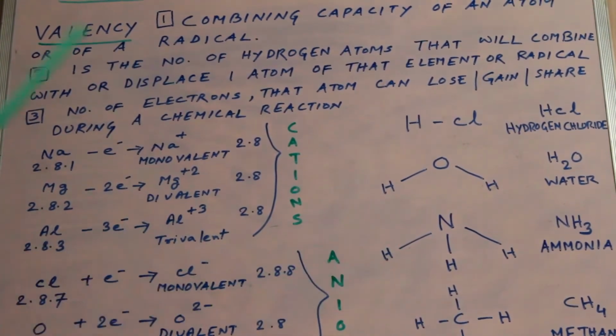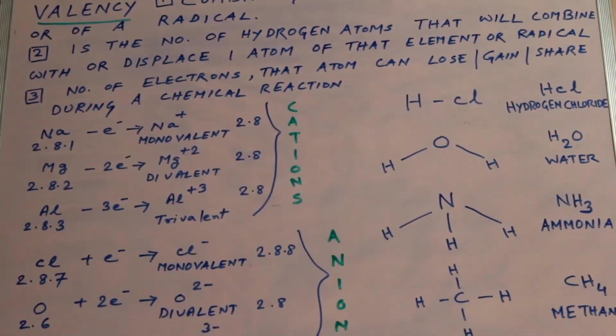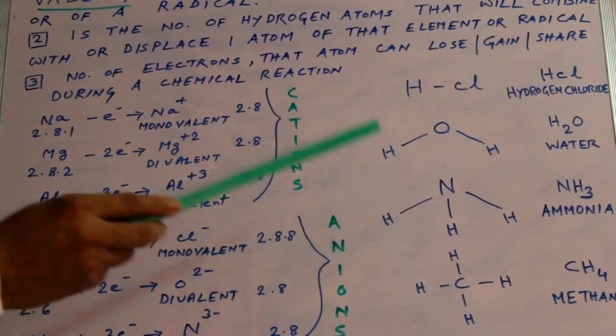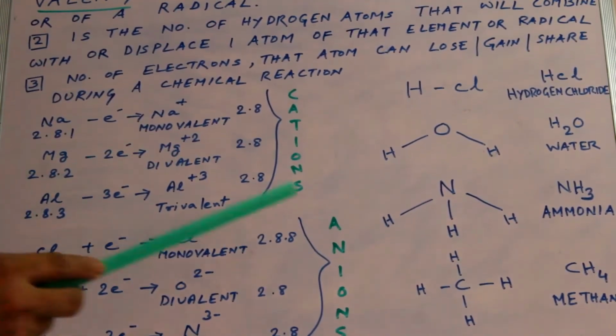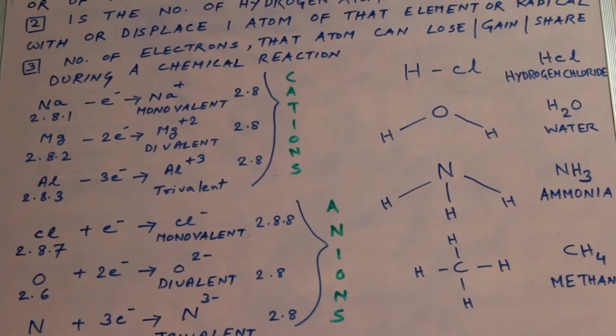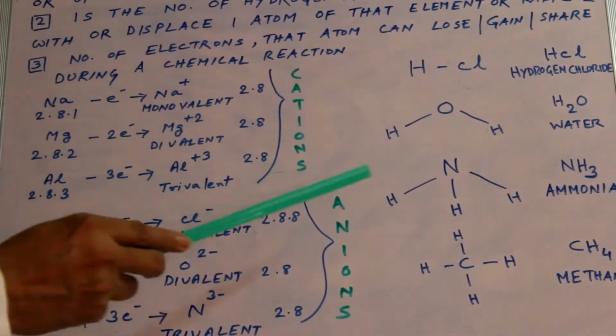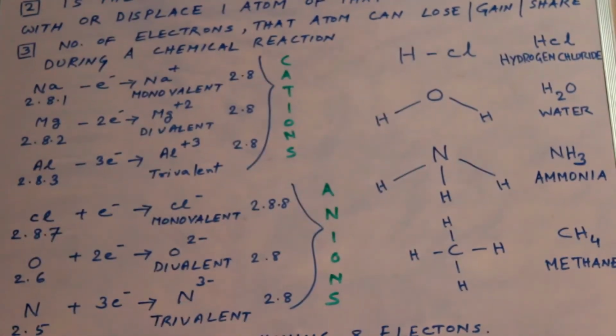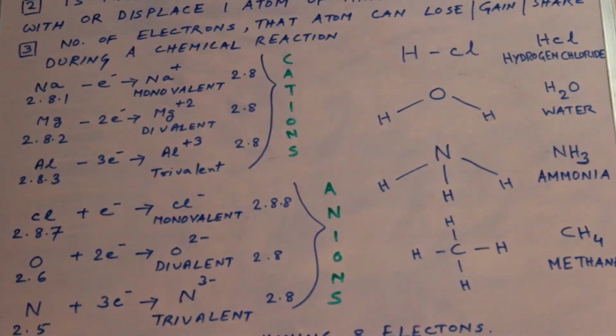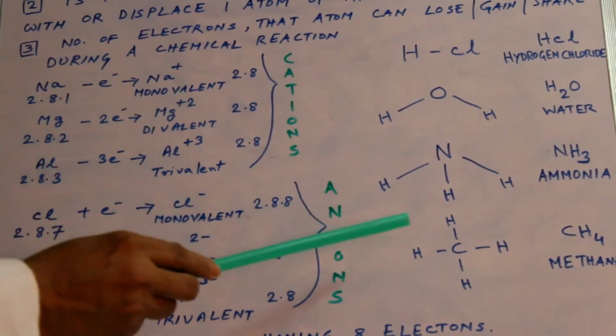Here in the third case, one atom of nitrogen combines with 3 atoms of hydrogen, so the valency of nitrogen in ammonia is 3. And here in methane, the formula is CH4. One atom of carbon combines with 4 atoms of hydrogen to form CH4 methane, so the valency of carbon is 4.